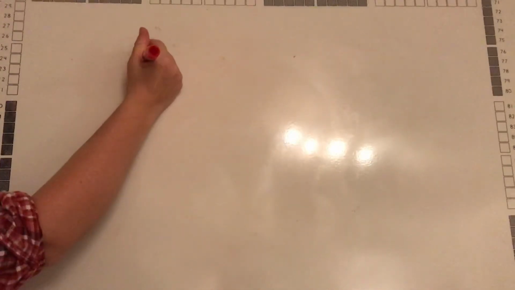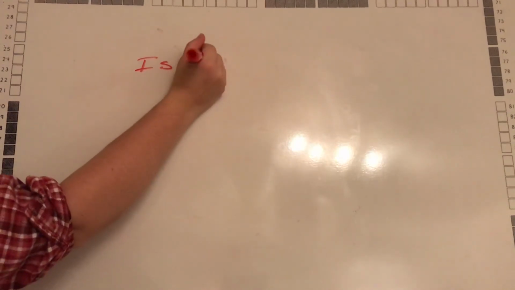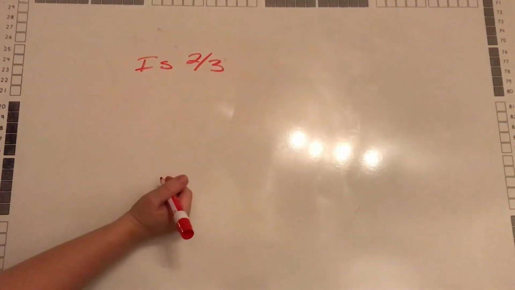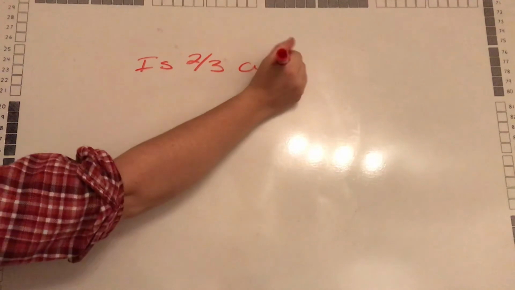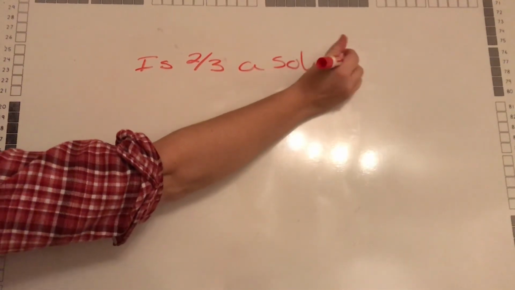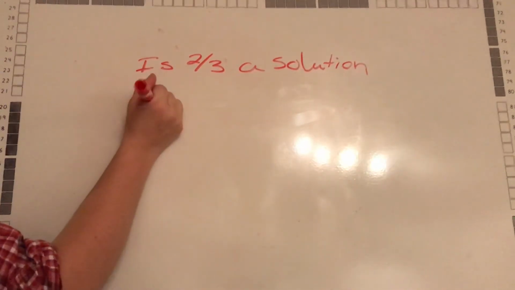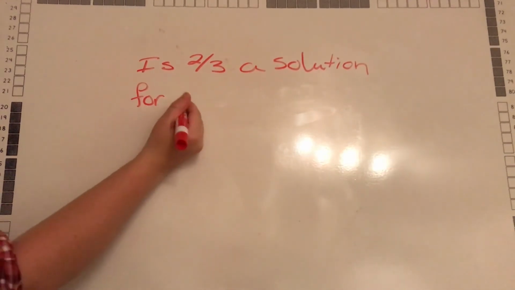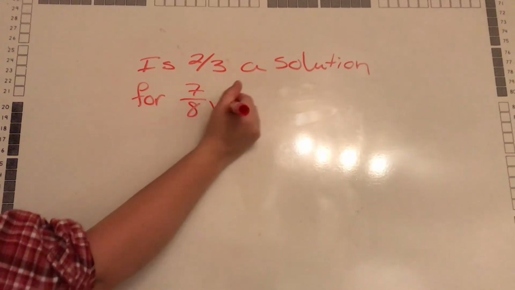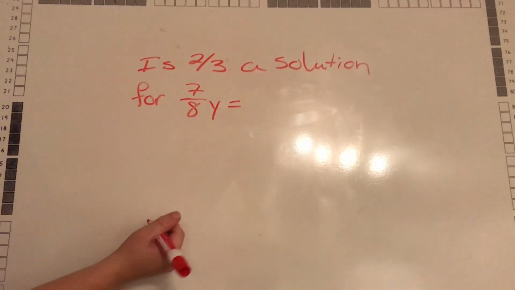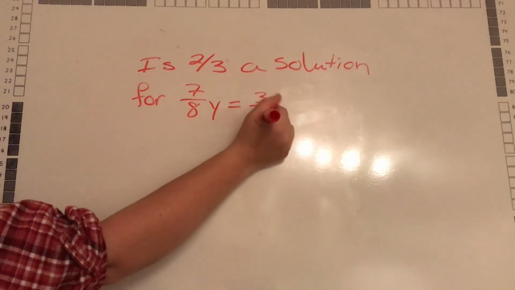It is asking whether or not 2/3 is a solution for the following problem, which is 7/8 y equals 3/5.